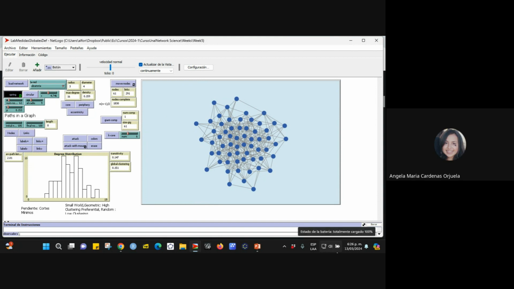Yes, I have a question in reference to the global clustering. Does the global clustering refer to areas in the network where the nodes are more connected, where the nodes are most clustered? Is that the concept?